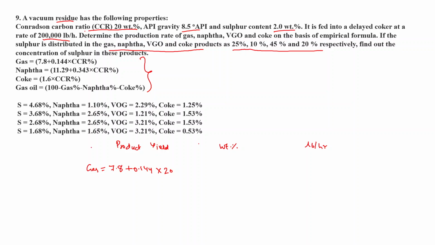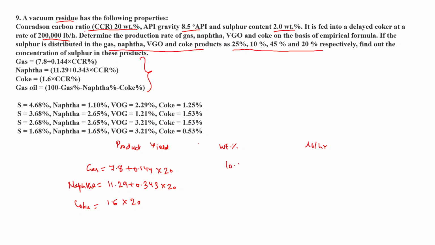Then for naphtha, it is 11.29 plus 0.34 into 20, and then coke it is 1.6 into 20.